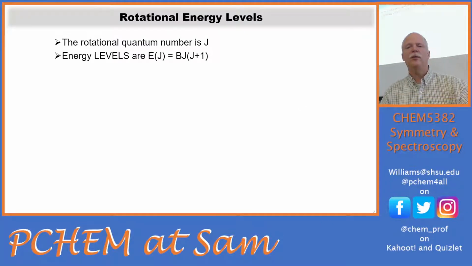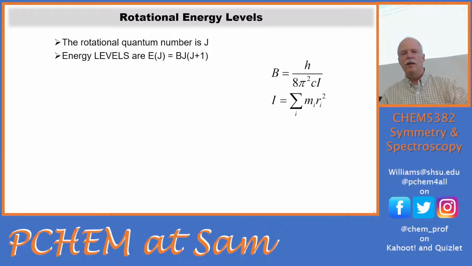So our rotational quantum number is J, and the energy levels are B times J(J plus 1). This B is the rotational constant, okay? And a lot of times you'll see a little tilde on top.